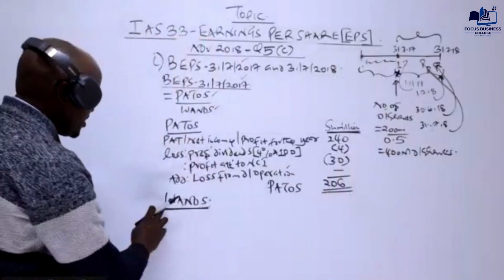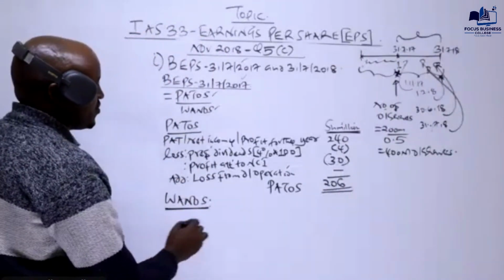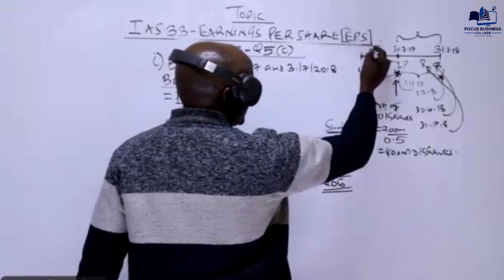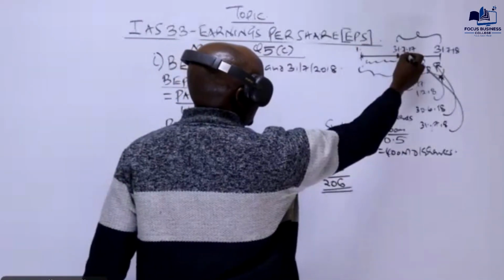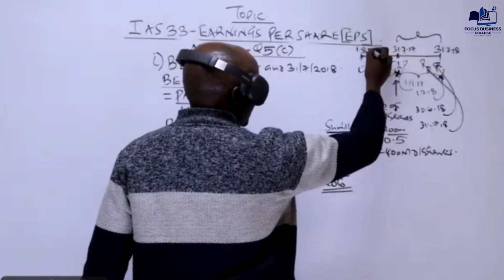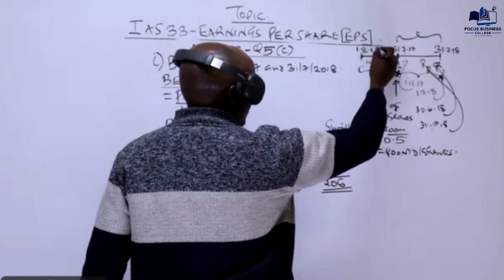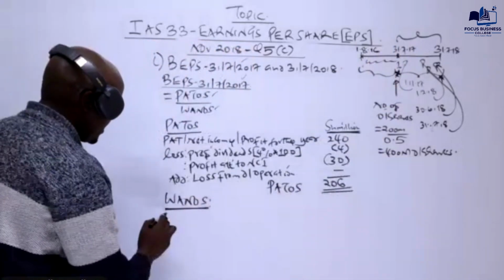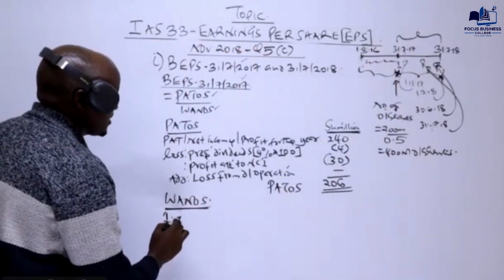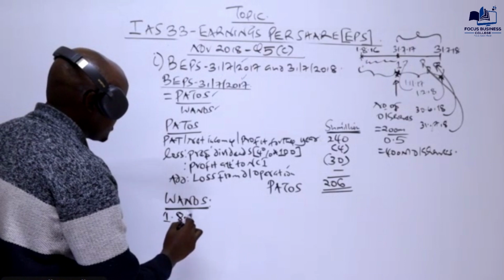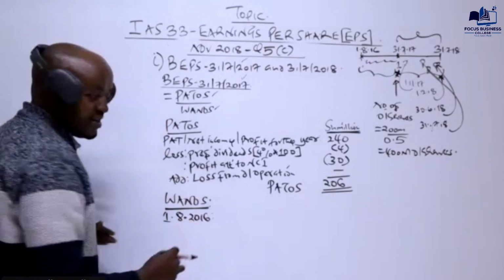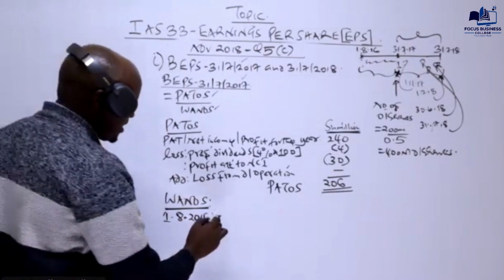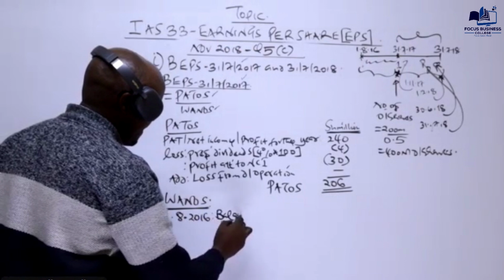So to compute this, we have to remember that the first year ends in July, so the other year will start in August. This year started 1st August 2016. That is when the first year started. In computation, we take the shares which have been issued at the start.